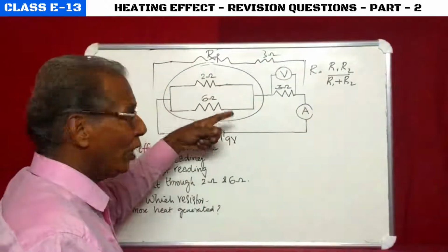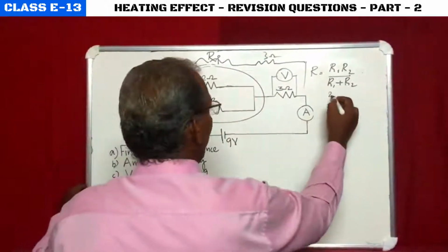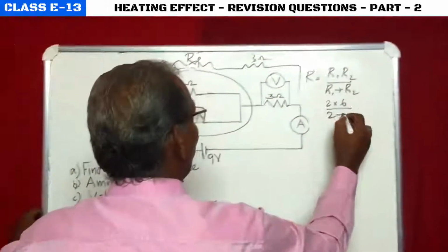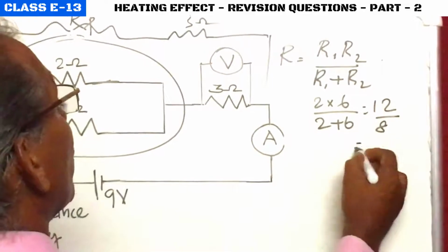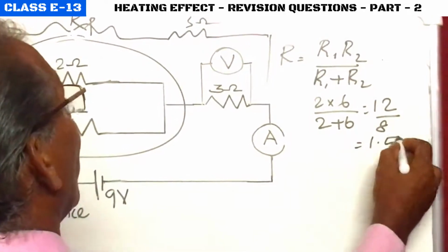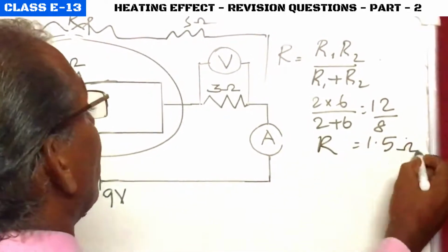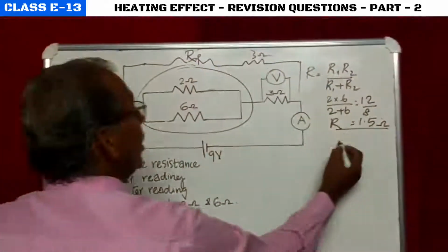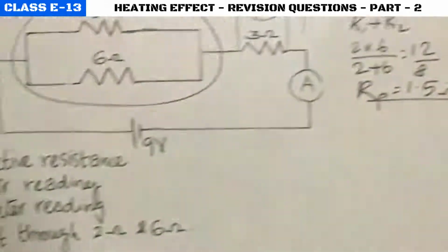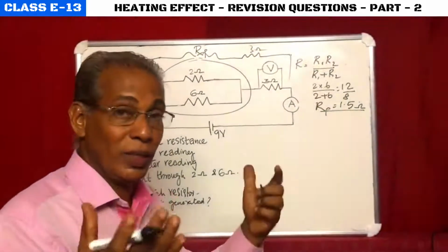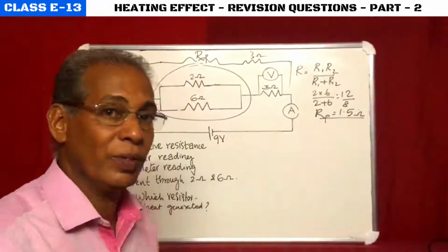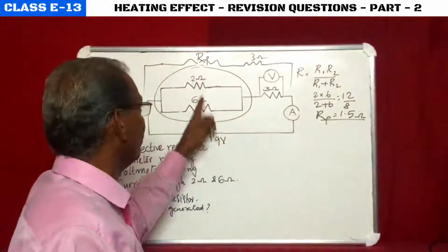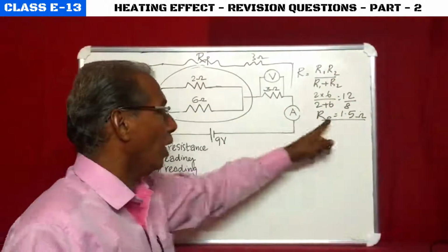Now substitute the values: 2 into 6 by 2 plus 6, that is 12 by 8, which is equal to 1.5 ohm. That is the effective resistance. For convenience, we call it RP. This is only for understanding. There is no term in the textbook called RP. It is only R, effective resistance. Here we call this combination RP.